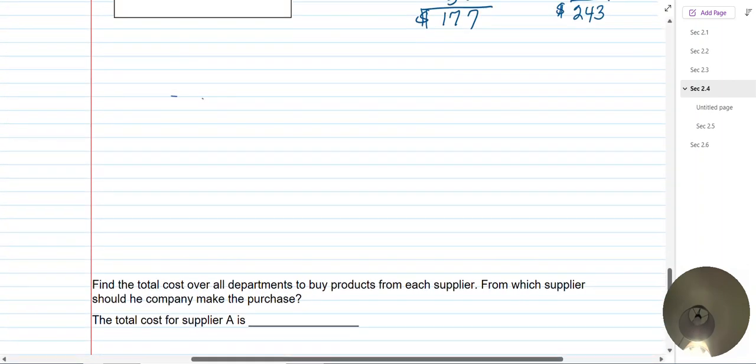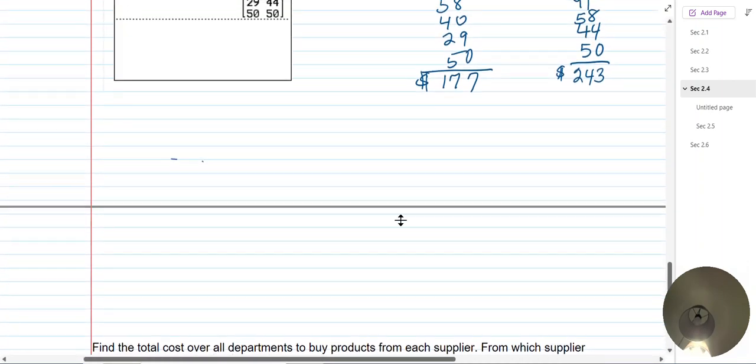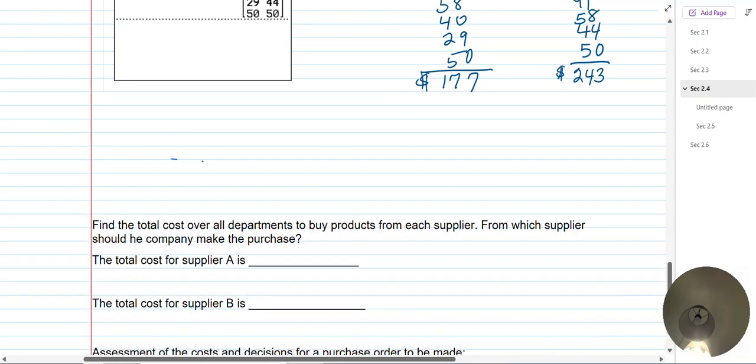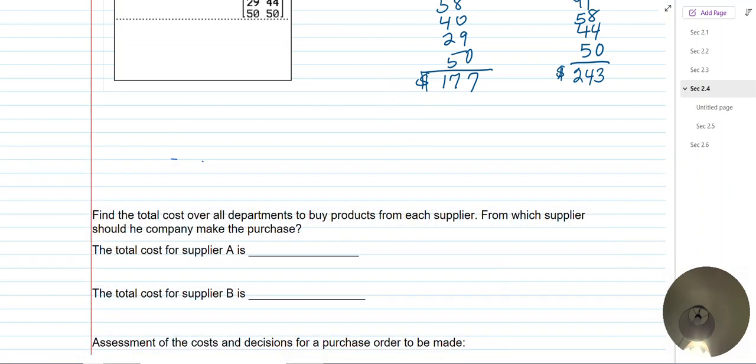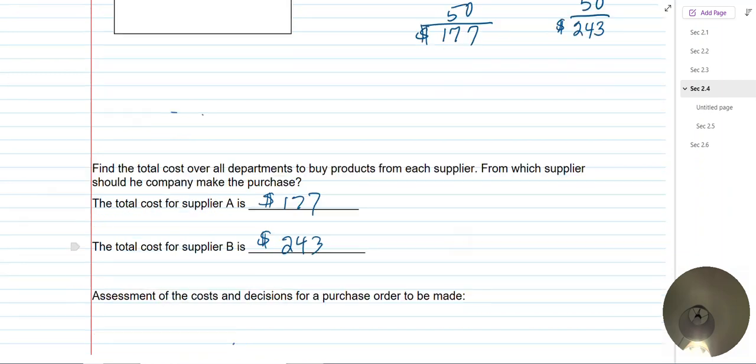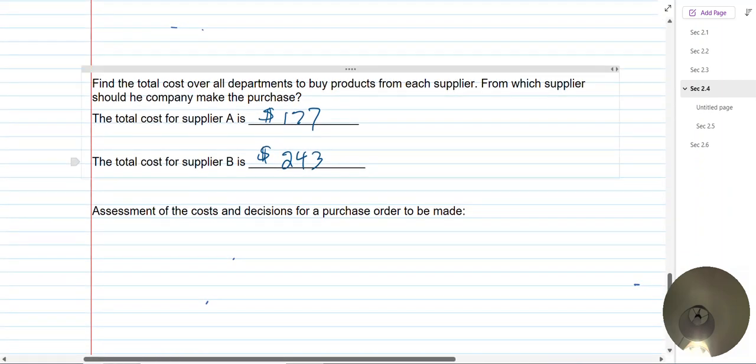And in this exercise, they're going to ask you to fill in the blanks about what happened. The total cost is $177, $243. Now, to assess the cost, a decision of the order has to be made.